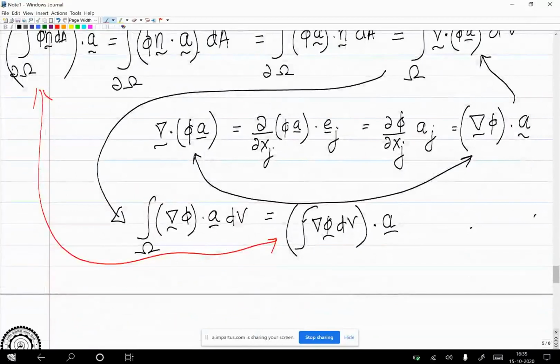Because A is arbitrary. So this simply implies that integral over del omega phi n dA is equal to integral over omega gradient of phi dV. Okay?